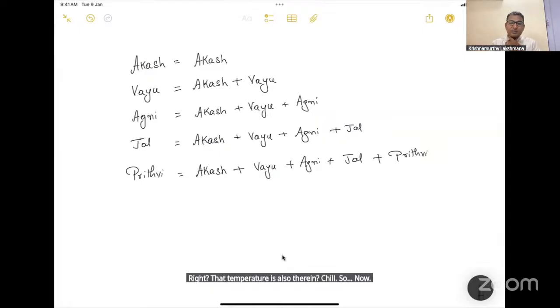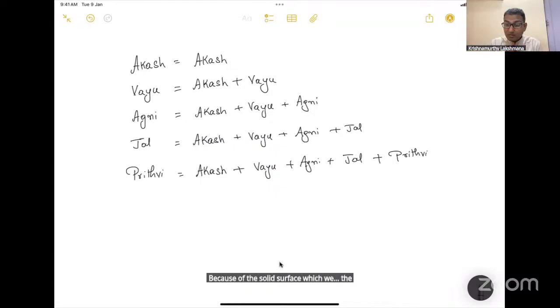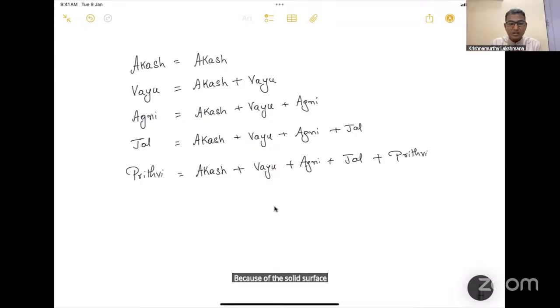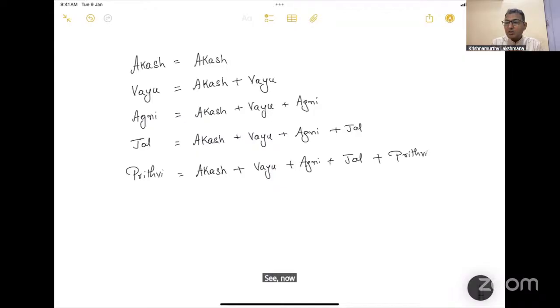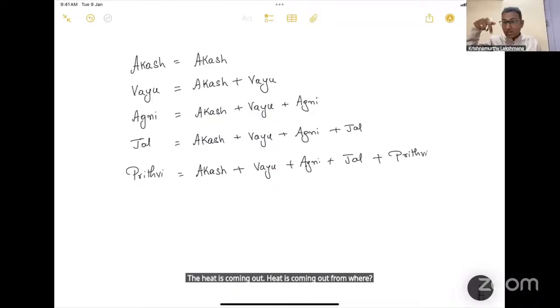Now Prithvi. Prithvi has Agni. How? Because of the solid surface of the earth, on which we humans are able to survive. See, now volcanoes happen. Yes or no? The heat is coming out from under the earth.